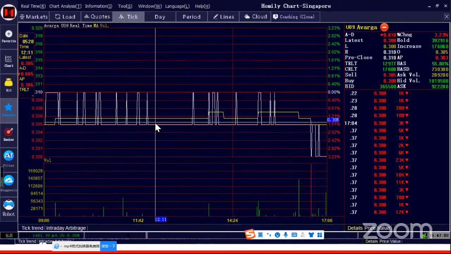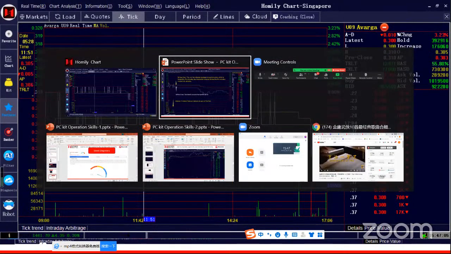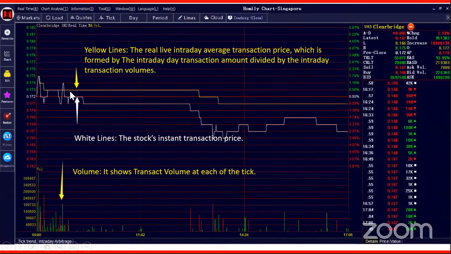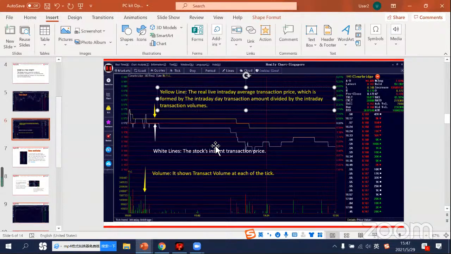So now we look at the yellow line and white line.